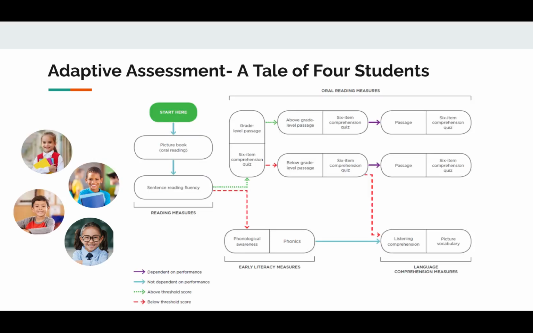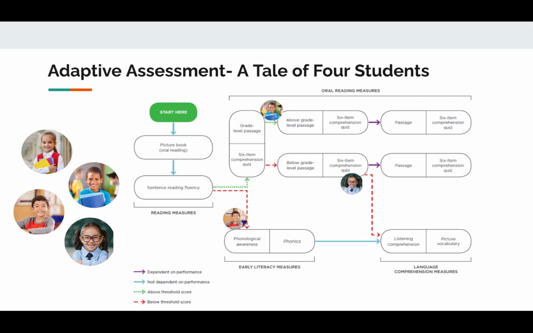For example, this chart outlines the flow of a MAP oral reading test, starting with a picture book for oral reading for all students. Depending on the student's performance, students progress to sentence reading fluency, followed by a grade level passage with a 6-item comprehension quiz. Based on their quiz performance, they either move to an above or below grade level passage and another comprehension quiz.